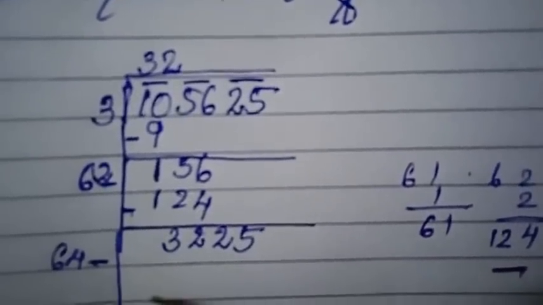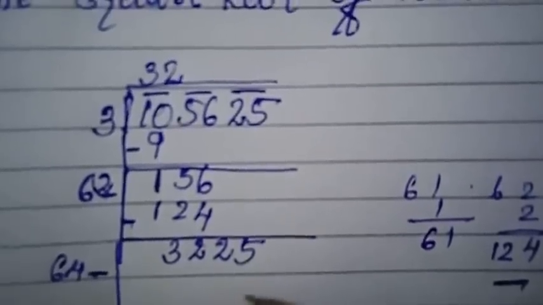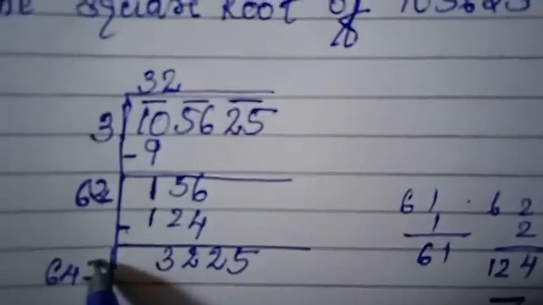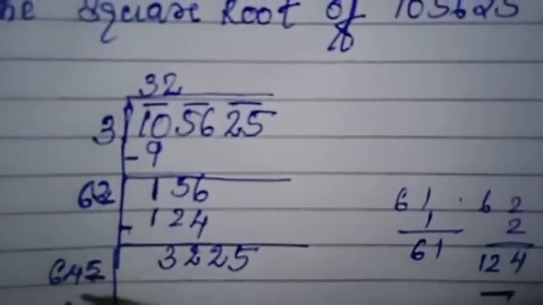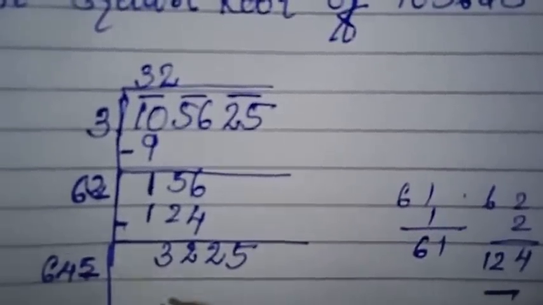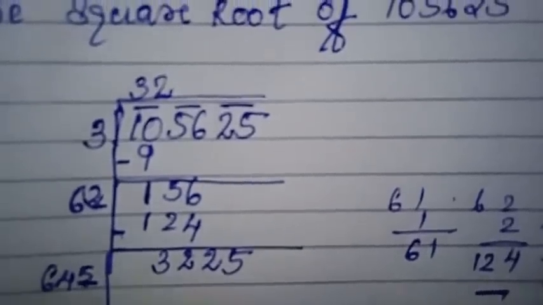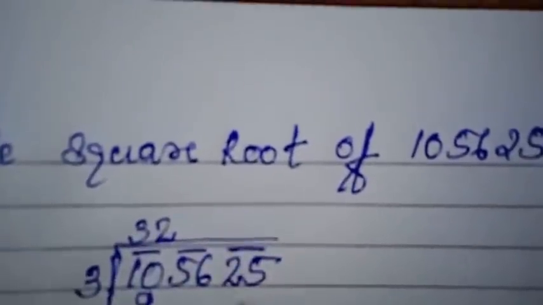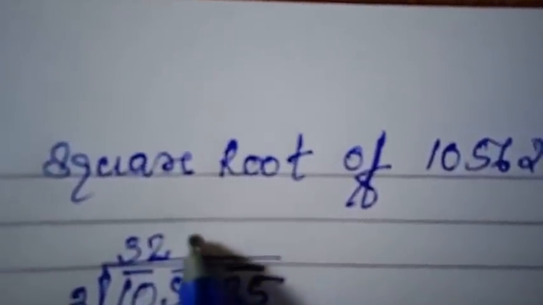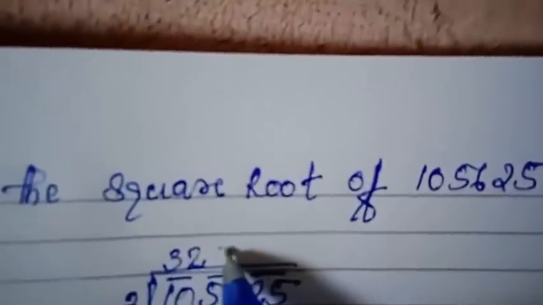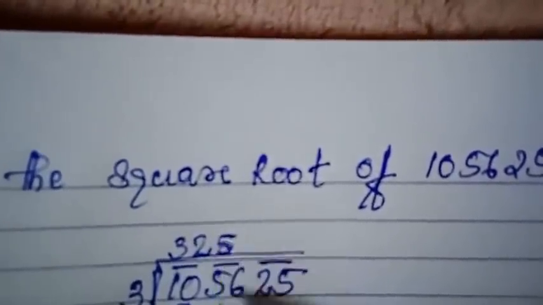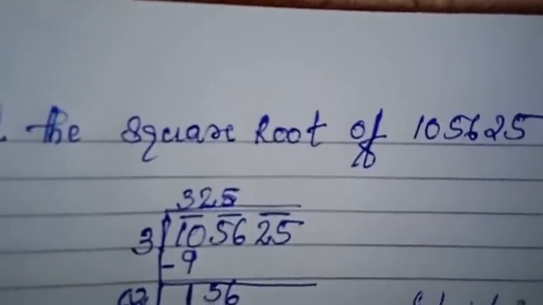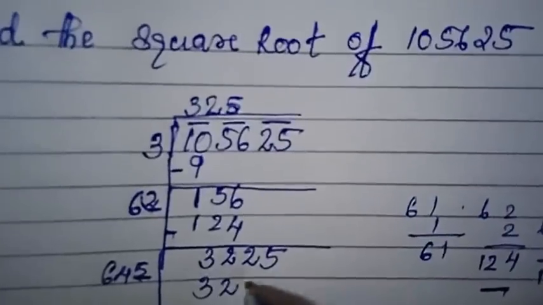We have no doubt about it. The number ends with 5, so we can say this number is 5. So 645, and we write the quotient digit 5 over here. 645 into 5 we get 3225.